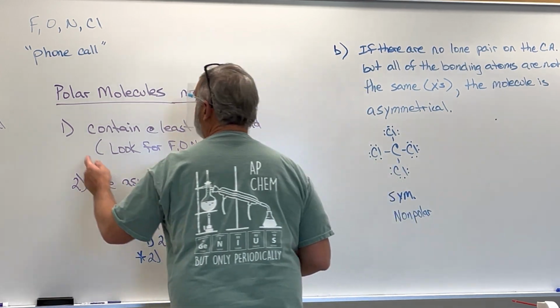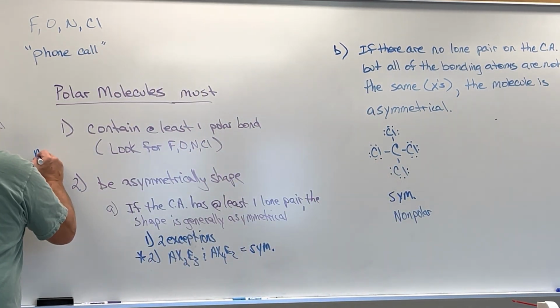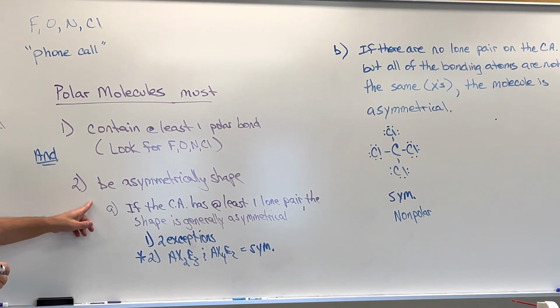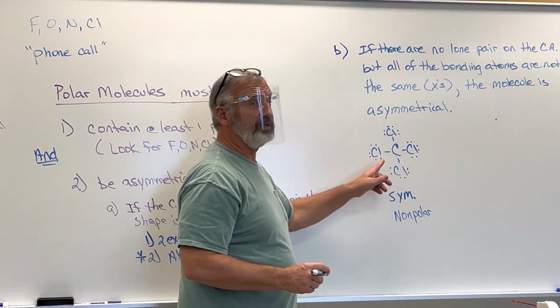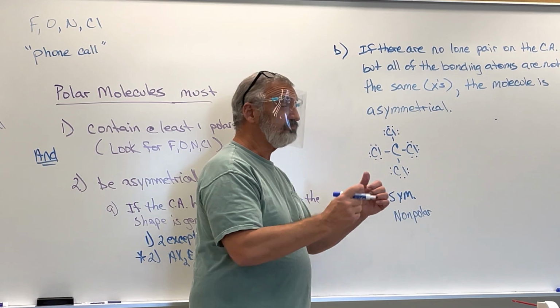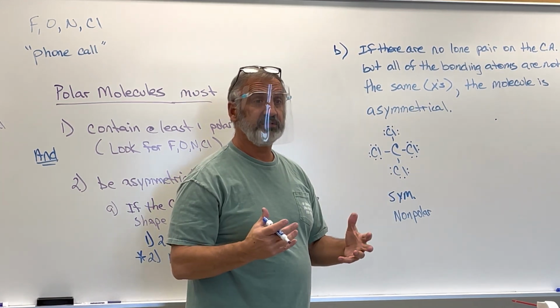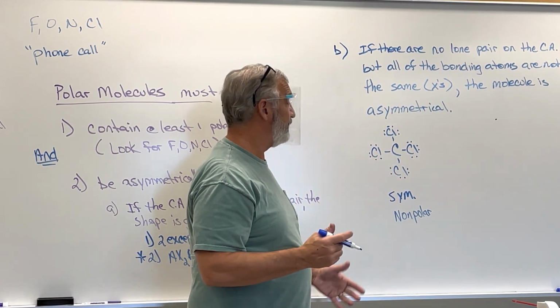You must meet both of these criteria. This is an and, not an or. Both of these criteria have to be met. So if it's symmetrical, we automatically know, even though it's got phone call in it, it's got 4 polar bonds, they're all going to pull in opposite directions and cancel each other out. The electrons are going to pretty much stay where they're supposed to be.